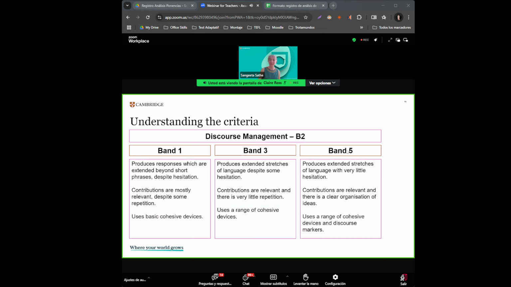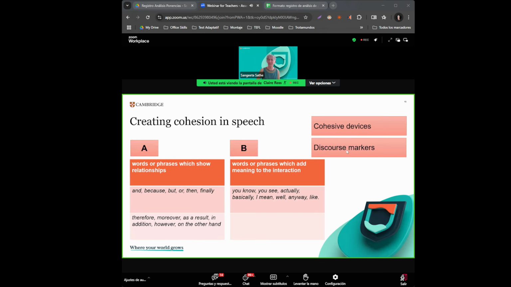So what do I mean by cohesive devices and discourse markers? Read the descriptions, and can you tell me whether A describes cohesive devices or B, and vice versa for discourse markers. Which is which? Tell me in the chat.